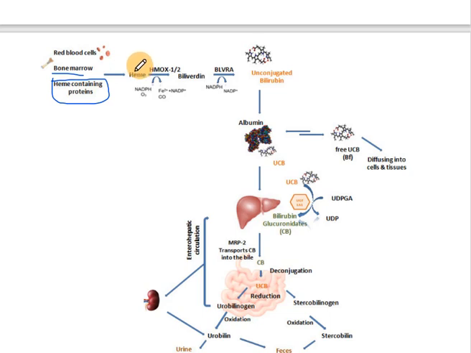Basically, when the heme is released, the next action is caused by an enzyme called heme oxygenase. The heme oxygenase causes the removal of the ion from the heme group and further reduction of the heme group to what we call an intermediate, biliverdin.